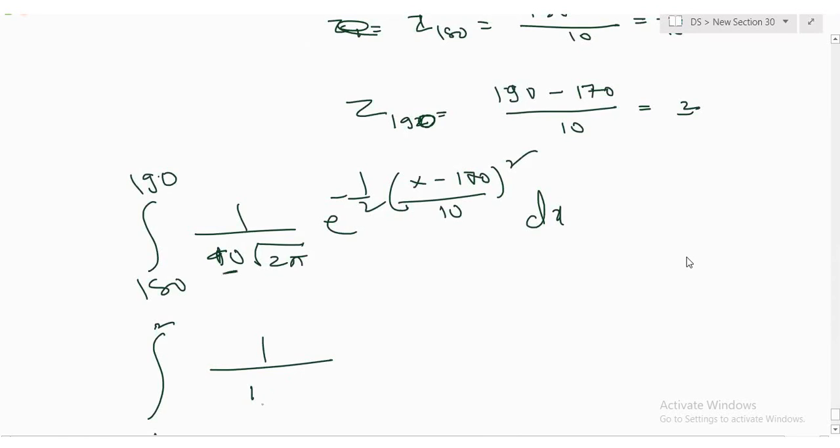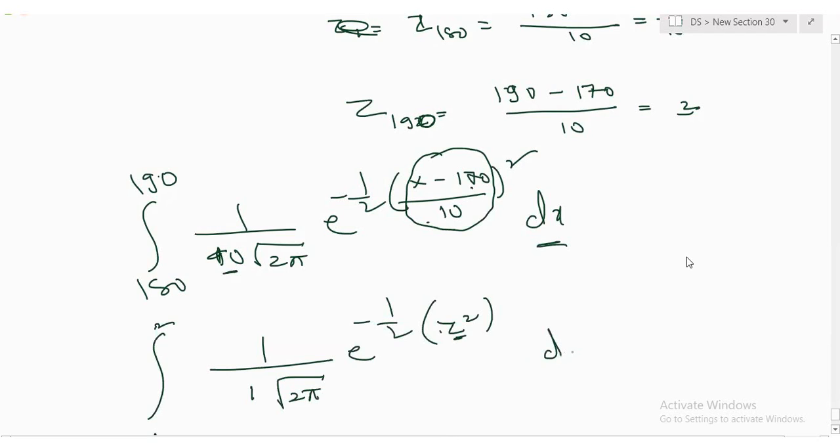So instead of 10, I need to write 1, root 2 pi, e to the power of here. This entire thing will become Z, that is, X minus mu by sigma, Z square. All with me. So when I have kept this Z, instead of dx, I need to write dz. So finding out this area is going to be equivalent to this area.